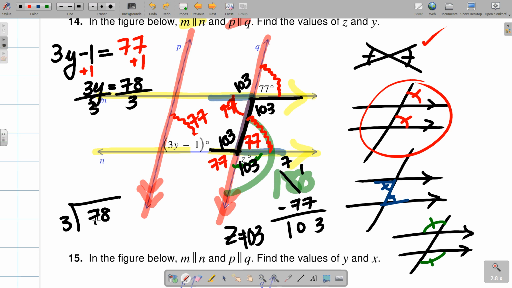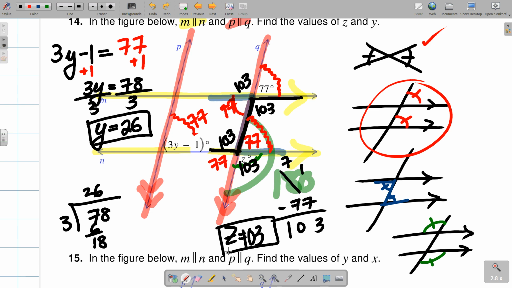Just divide that along here. 3 goes in there twice. Y is going to be 26. So Z is 103 and Y is 26.